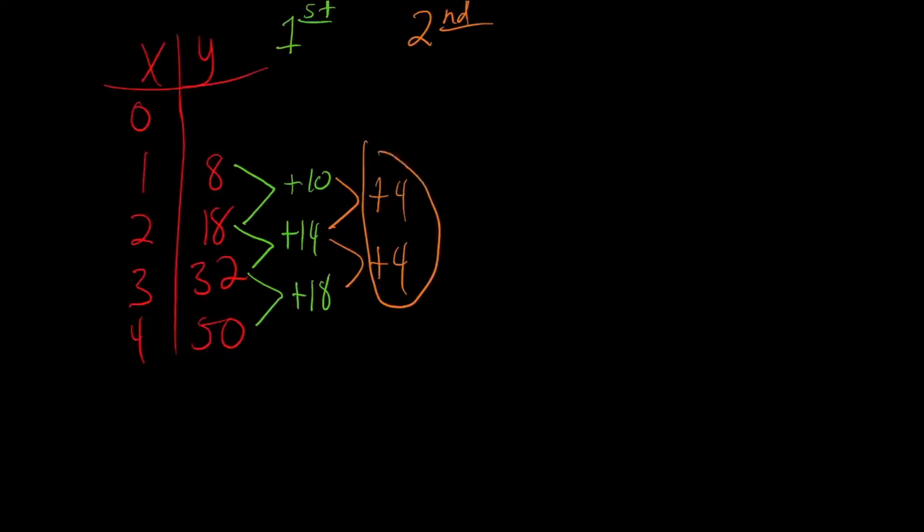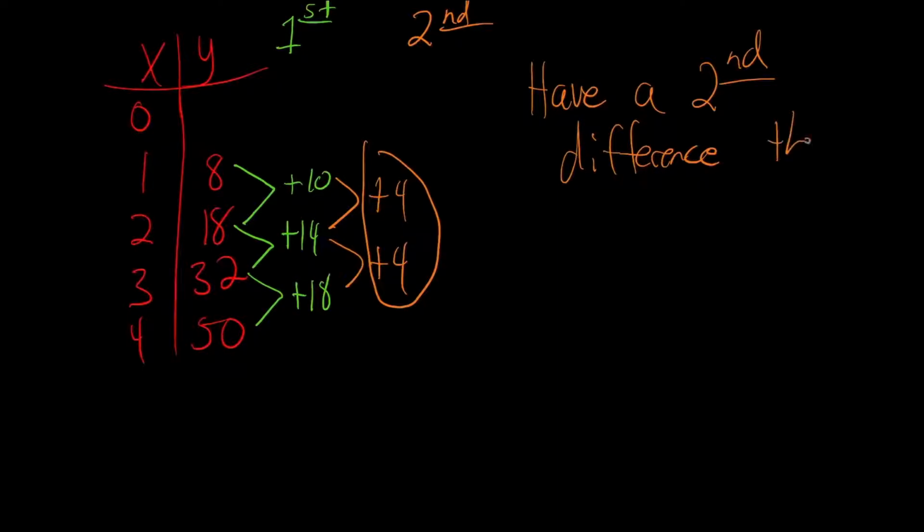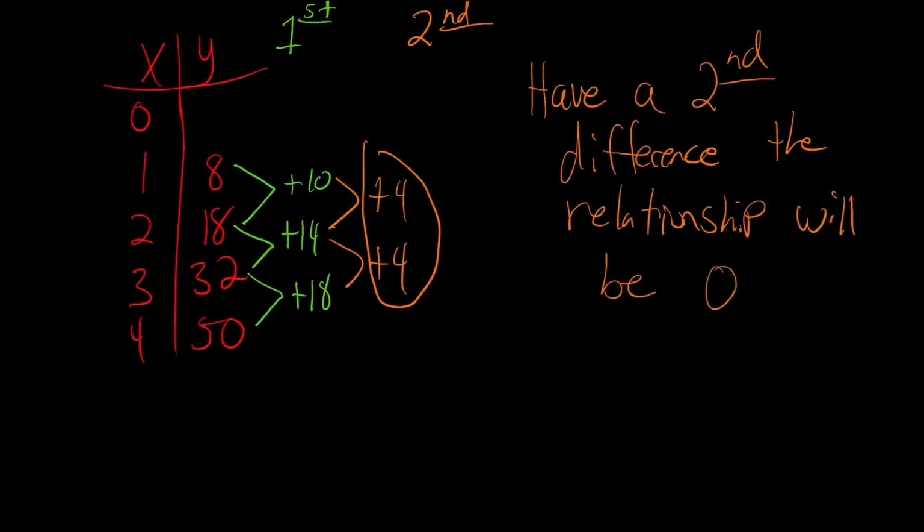Right here is what tells me I have a quadratic relationship because I have a second difference. So if we have a second difference, the relationship will be quadratic.